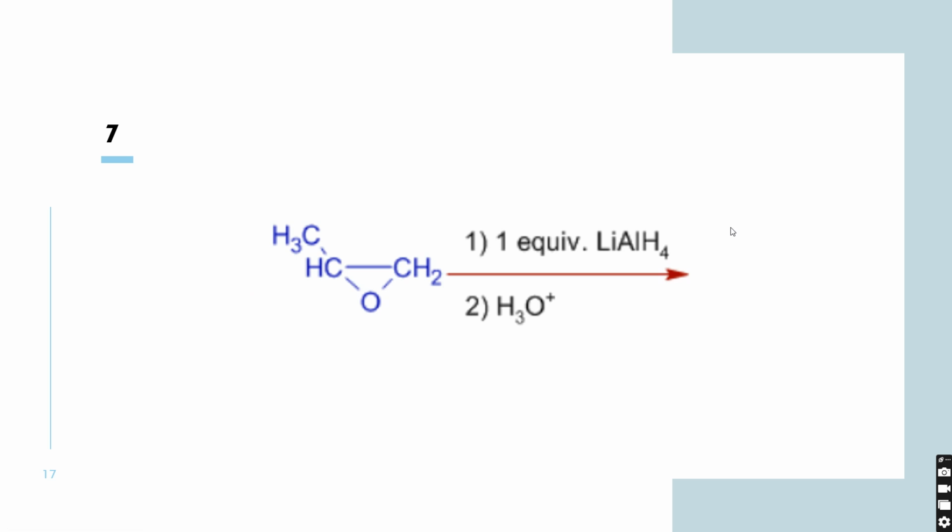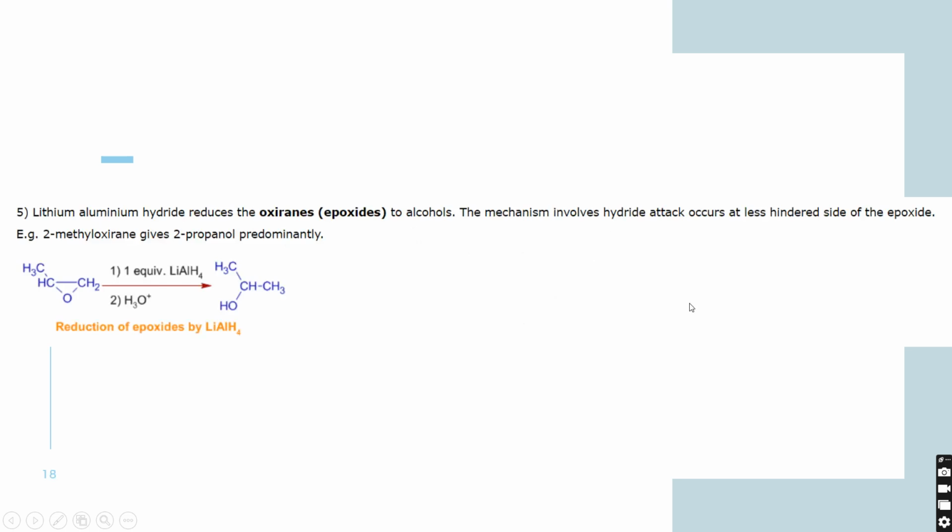Again, we studied LAH reduction of oxiranes or epoxide, and we saw that hydride was coming from the side where you have no substitution on the carbon, because the least sterically hindered site is preferred for the hydride addition. And we were getting this alcohol as your major product.